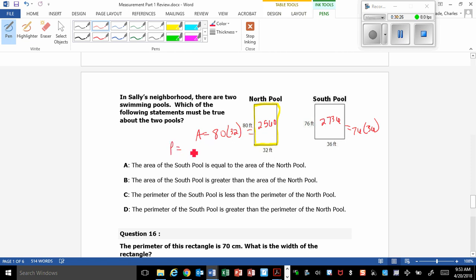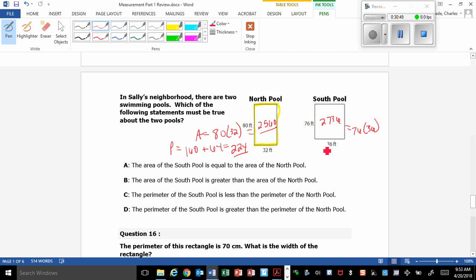So for perimeter, we're going to go 160, because that's 80 and 80, plus 64, which should be 224. 160 plus 64 equals 224. So that's the area, and that's the perimeter.